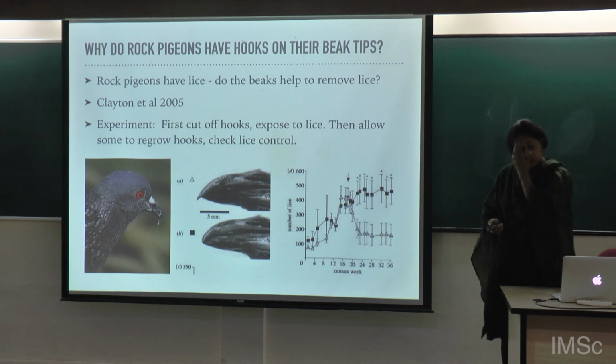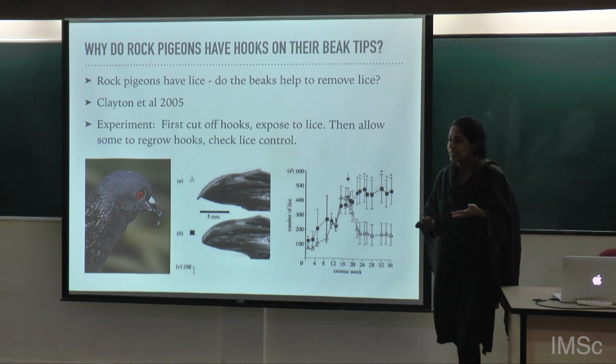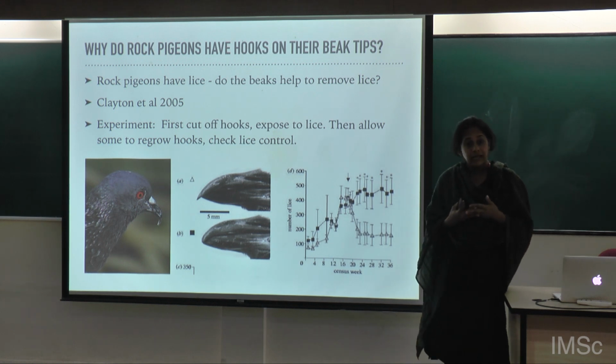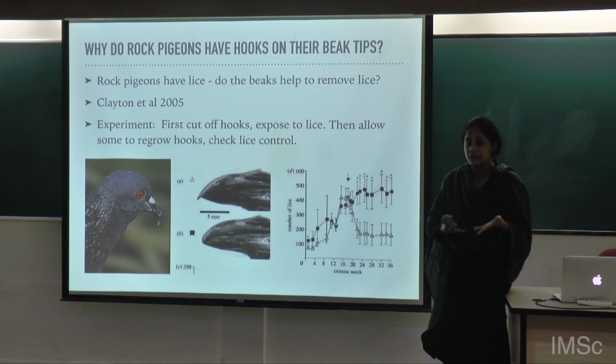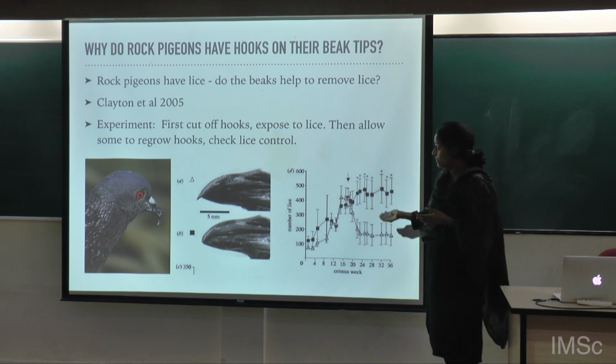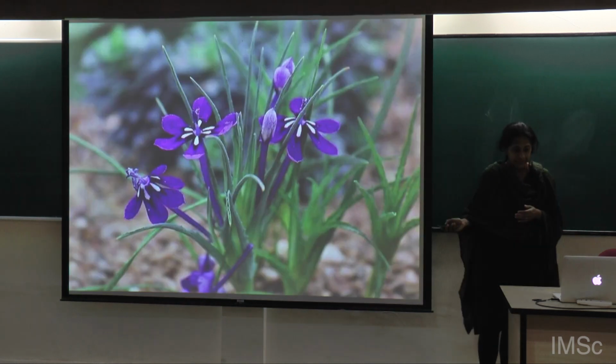So this is an experimental way in which we can look at an adaptation and test to see if there is a function attached to it. And lice will affect quality of the body, which will affect fitness, which will probably affect reproductive success, and therefore is probably an important trait.